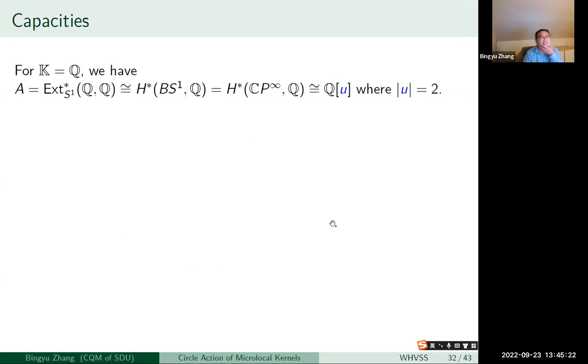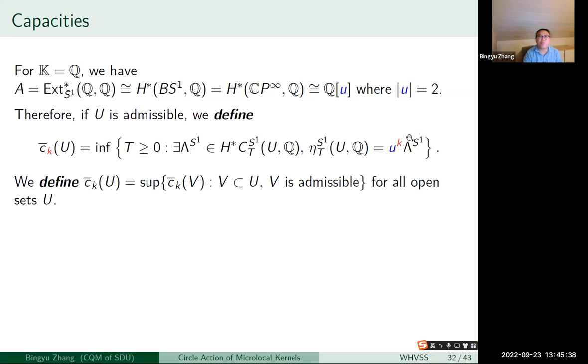Now we can define capacity using this fundamental class, some invariance, and the restriction map. The first thing is that this extension algebra over S1 is nothing but the homology of CP infinity, and it is a polynomial ring.